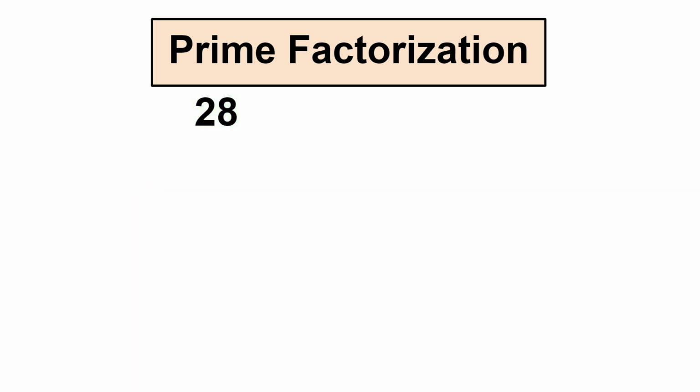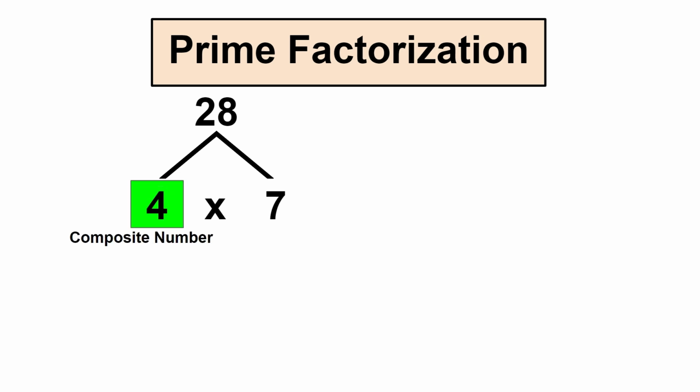Now, if you were thinking to multiply 4 by 7 in the beginning, let's break down these numbers into prime factors to see if the prime factorization of 28 will be different. Well, we know that 4 is a composite number since it can be divided by more than the number itself and 1, and that 7 is a prime number since it can be divided only by itself and 1.